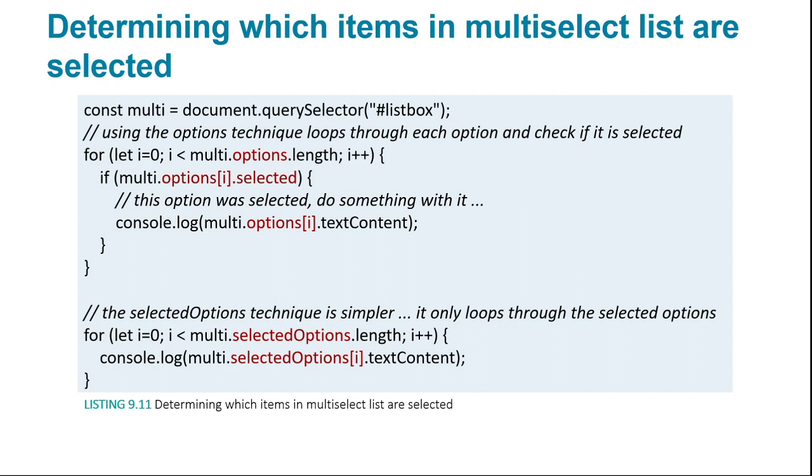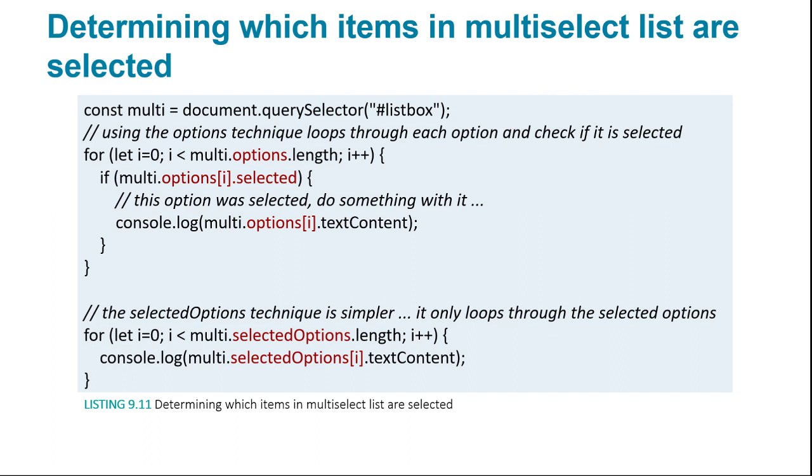Okay? So this iterates through all of the options. It checks whether or not they are selected. That's what that for loop does. And then the if filters it down to just the ones that are selected, and then does something with those. There is an option if you want to just get the ones that were selected, and that is the dot selectedOptions.